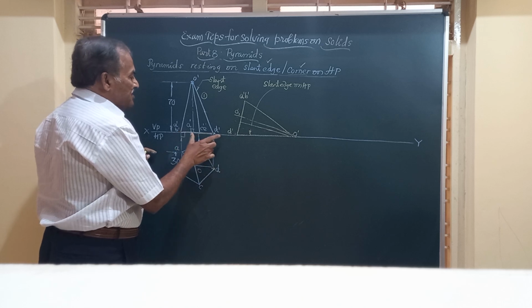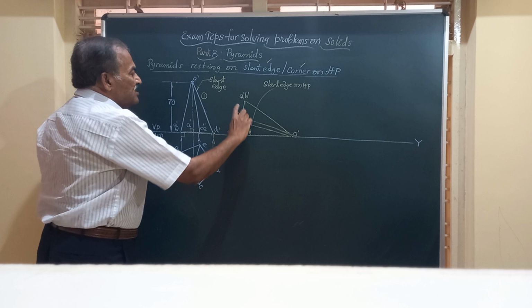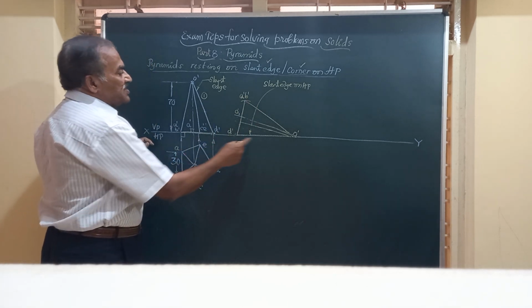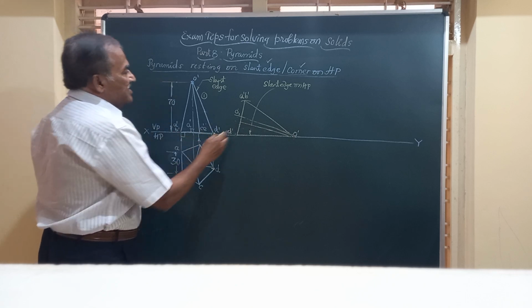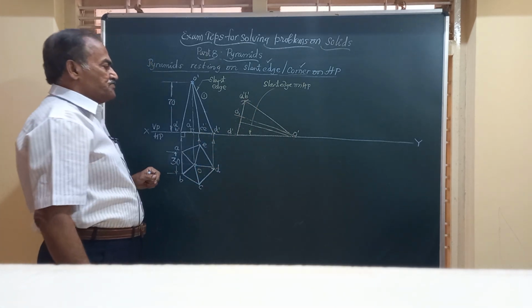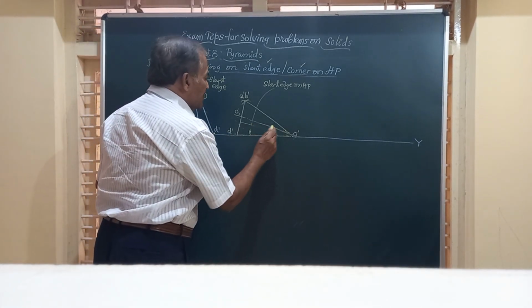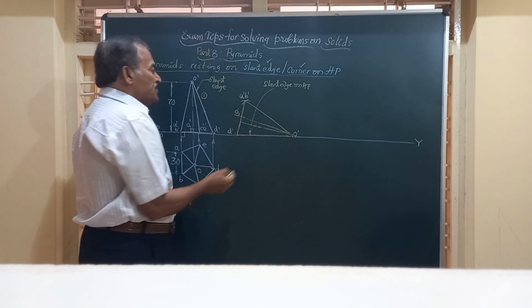Take this measurement with D dash as center and this distance as radius and draw an arc. Similarly, with O dash as center and O dash A dash, this length, as radius, draw another arc. They intersect here, and friends, you will get the front view of the solid.